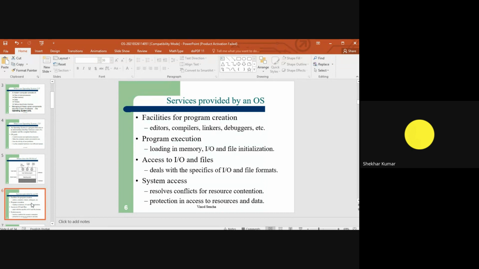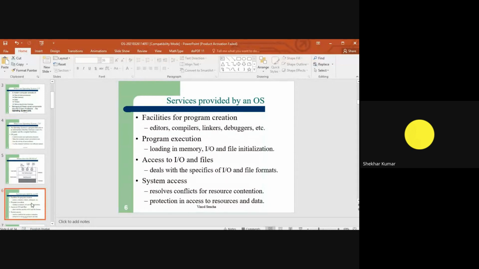If the process is successfully executed, then to abort or delete that process, there is also a requirement of the operating system. It provides mechanisms for synchronization and communication among processes, whether the processes are cooperative or independent.